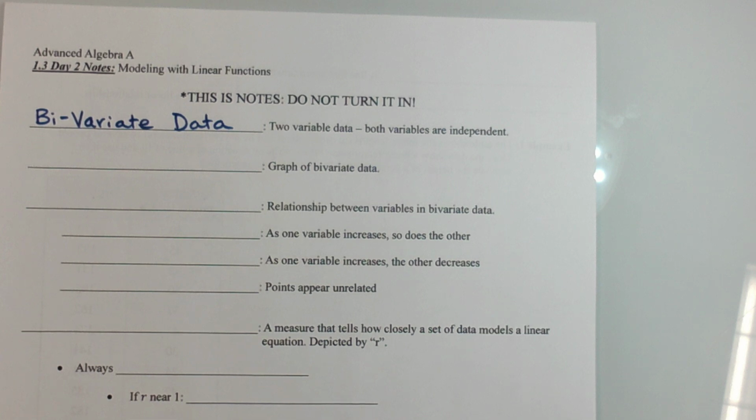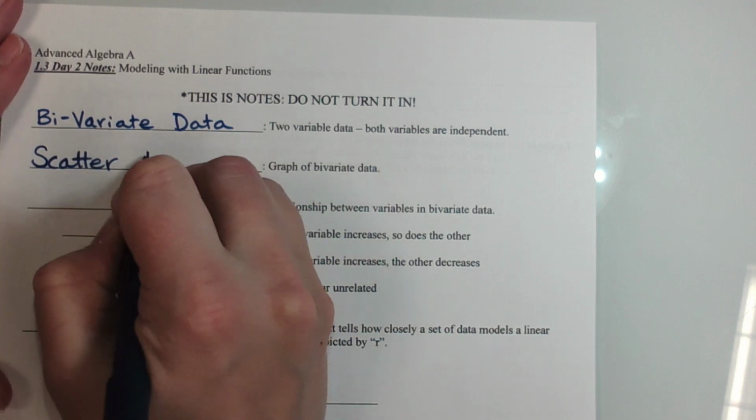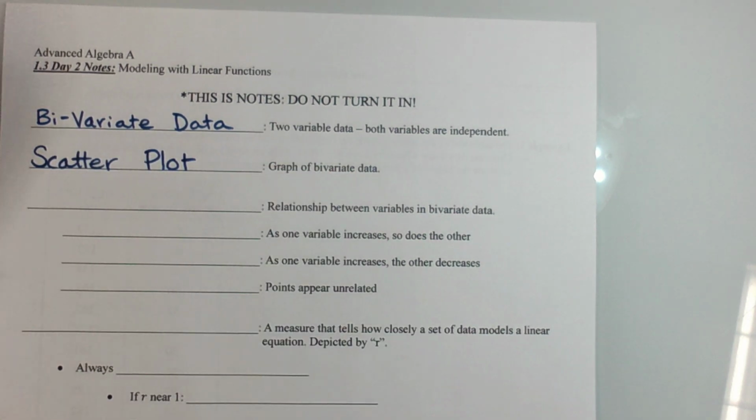So when it comes to working with bivariate data, oftentimes one of the things we try to do with it is we try to graph it. And the graph of these makes what's known as a scatter plot. Because to graph bivariate data, all you're really going to have is a bunch of data points. This person spent 10 minutes on homework and they got a 58% on their test.